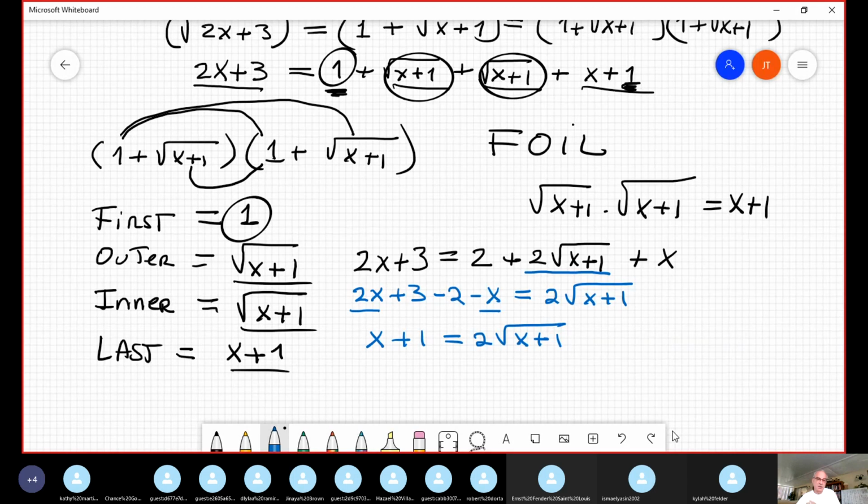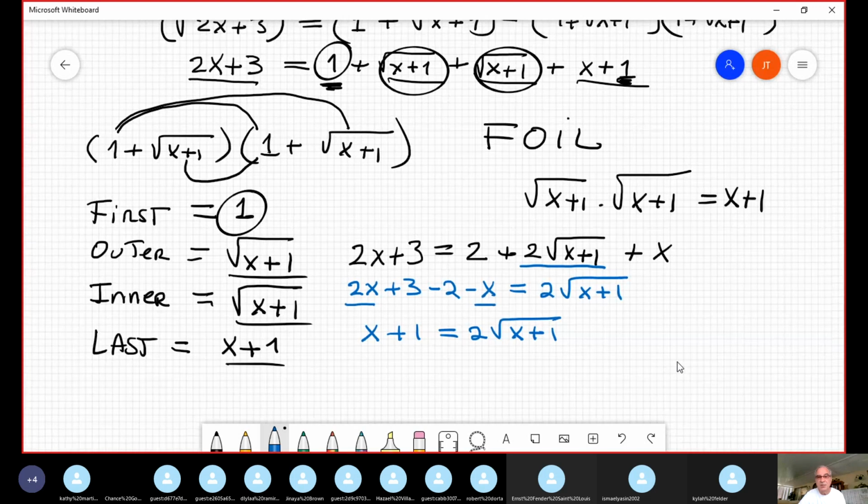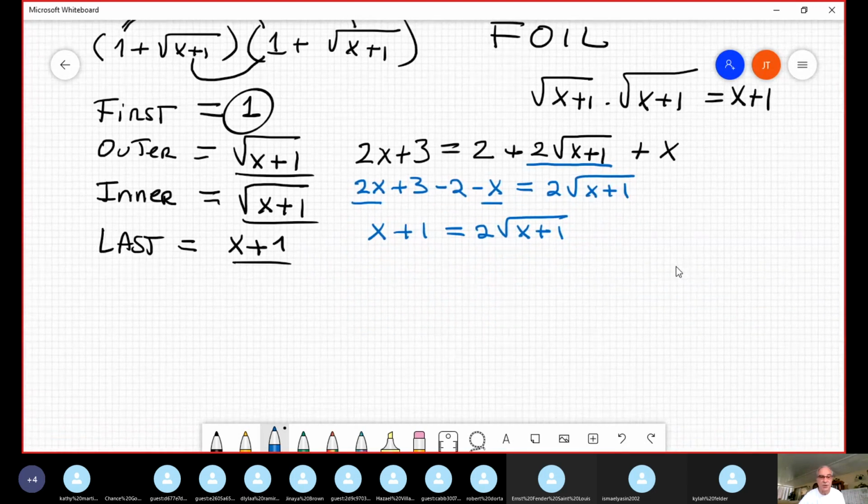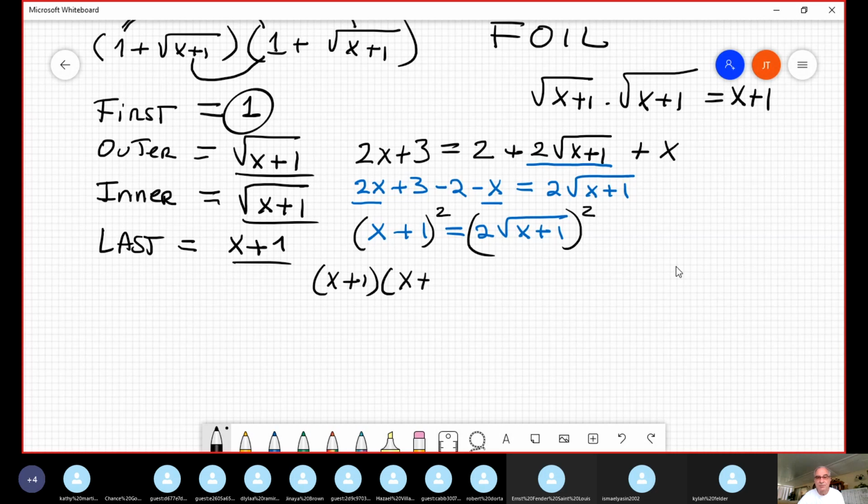So my recommendation in this case is to eliminate the second radical and square both sides. Square both sides, square here, square here. Remember, this is a binomial, and for the multiplication of the binomial one more time, we use FOIL.